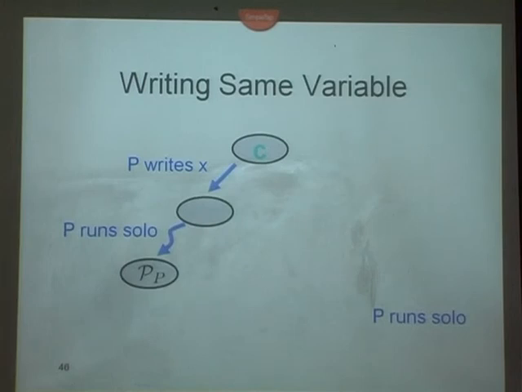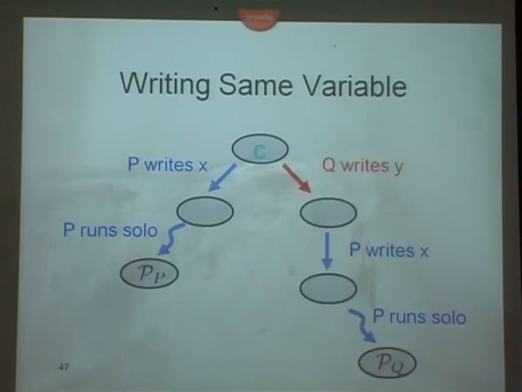So here, what happens? Well, P could write X, and then it runs by itself. Then it halts. OK, Q writes Y. P immediately obliterates that by overwriting it, and then it runs to completion. Q writes X. Oh, that's right. The person who's keeping track of bugs, please note this. Thank you.